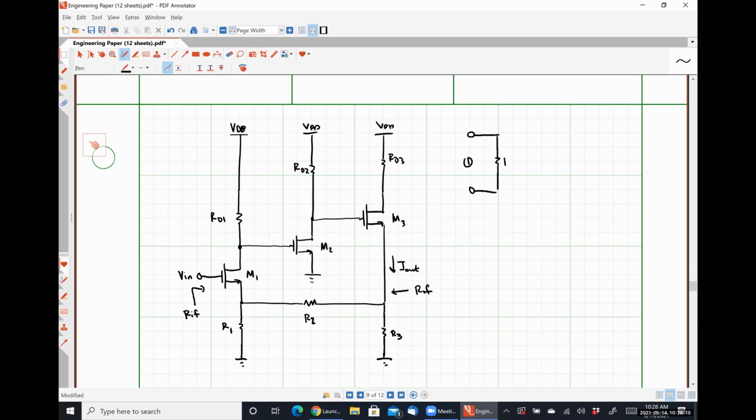Here's port 1. This is resistor R1. Here's resistor R2. Here's resistor R3. And here is port 2.